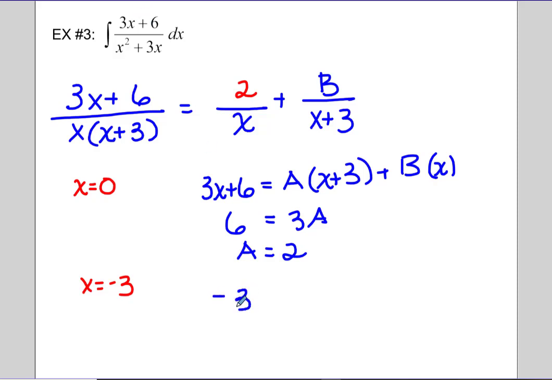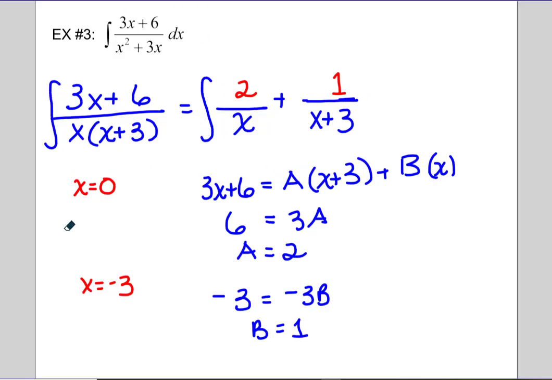So -3 on the left is -3b, and our b value is +1. So now it's just a matter of finding that integral, because we're going to integrate these two terms. And just to save space, I'm going to erase this.